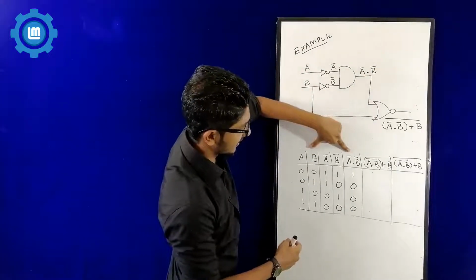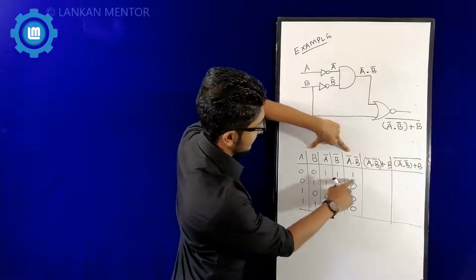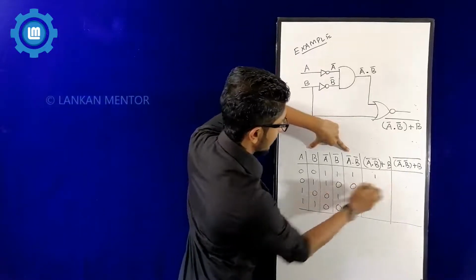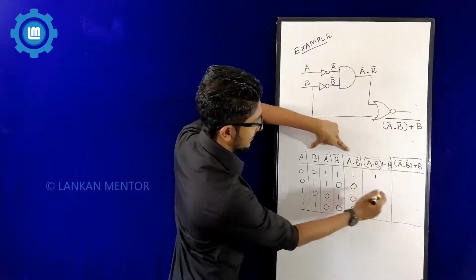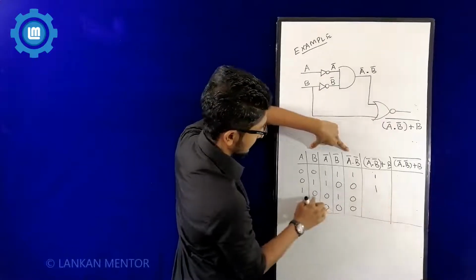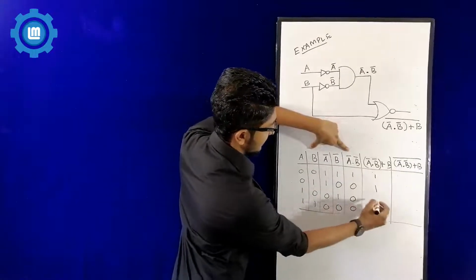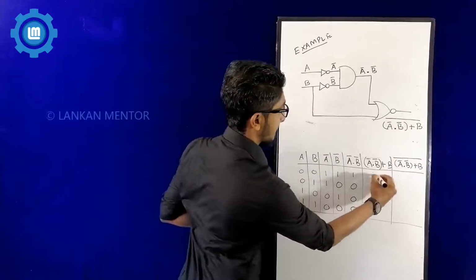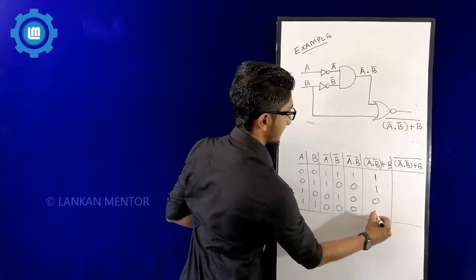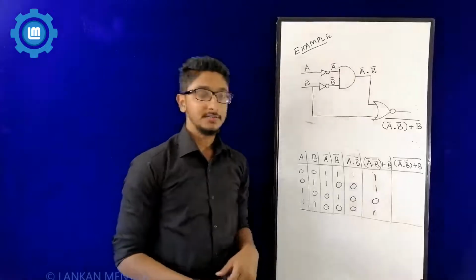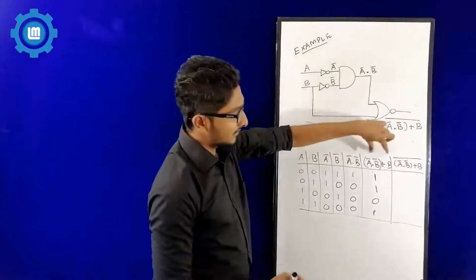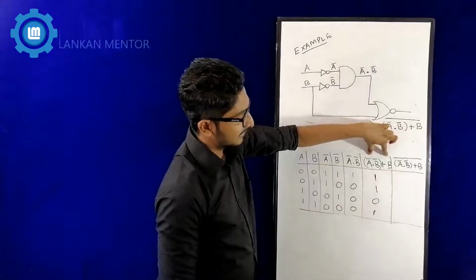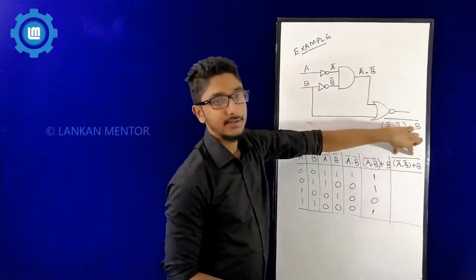So A bar dot B bar plus B is these two. Right. So 0 plus 1, 1. 1 plus 0, 1. 0 plus 0, 0. 1 plus 0, 1. So 1, 1, 0, 1. You have the answer. Now, A bar dot B bar plus B, taking the opposite.